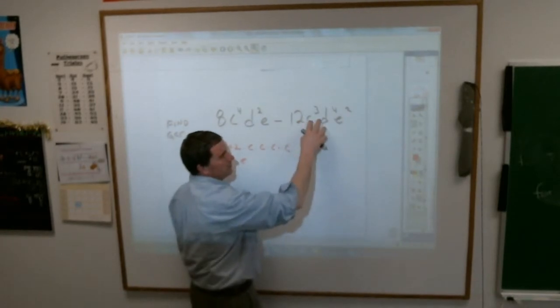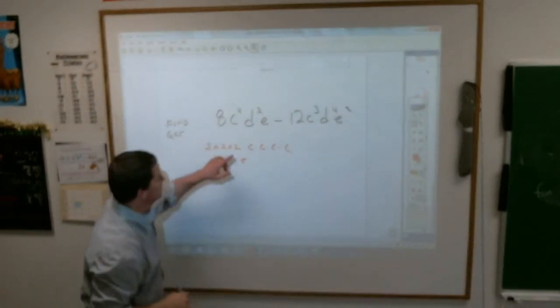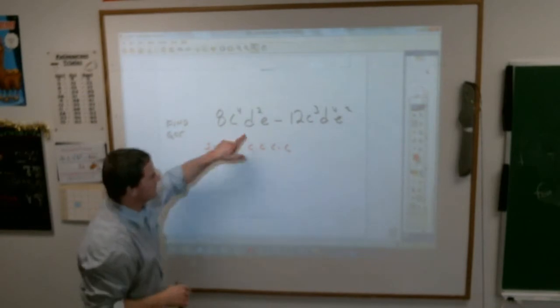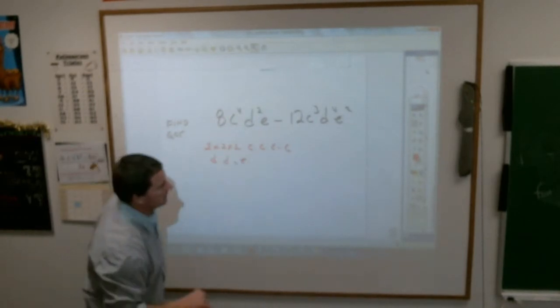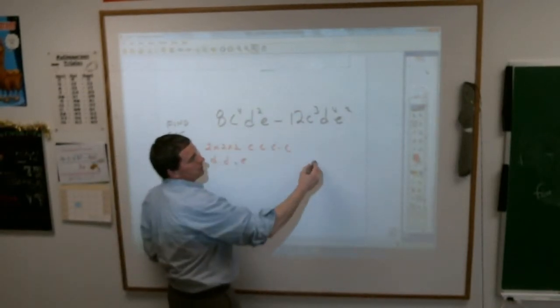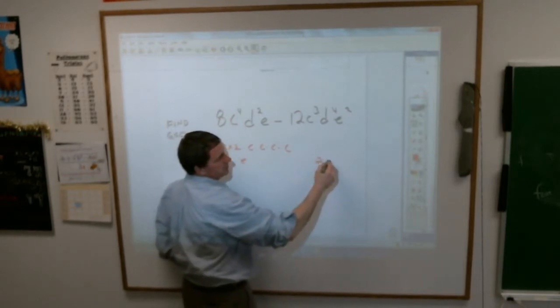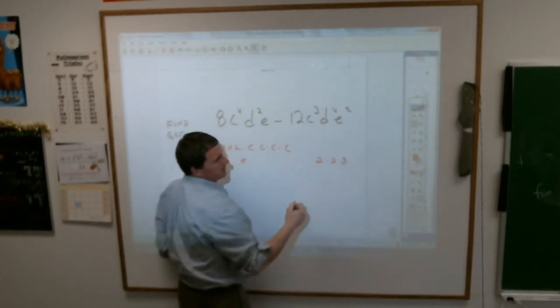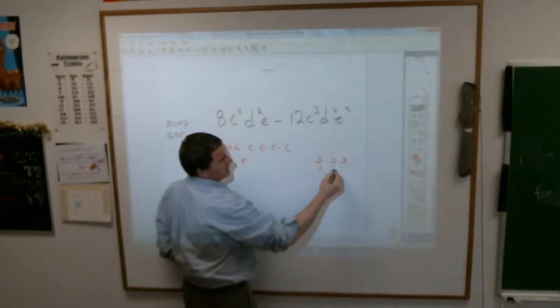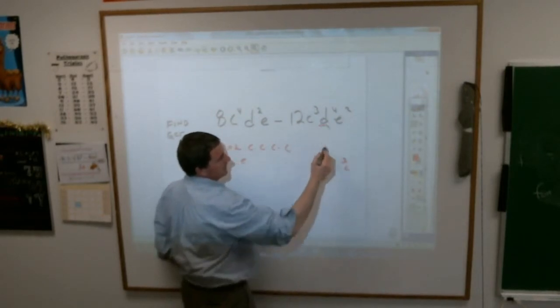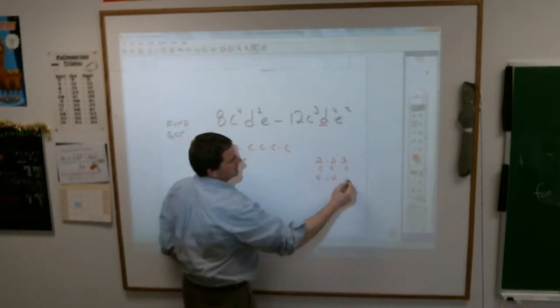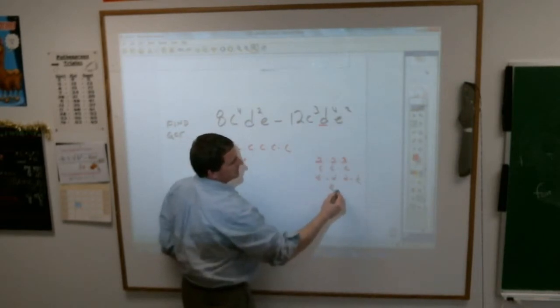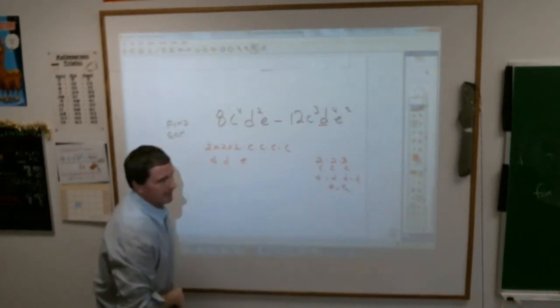Prime factors of 12, right? 12 is 2 times 6, which is 2 times 2 times 3. And then I have c times c times c, and then d times d times d times d, and then e times e. Those are all my prime factors of that one.